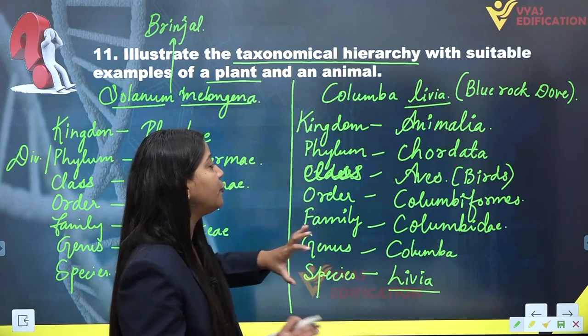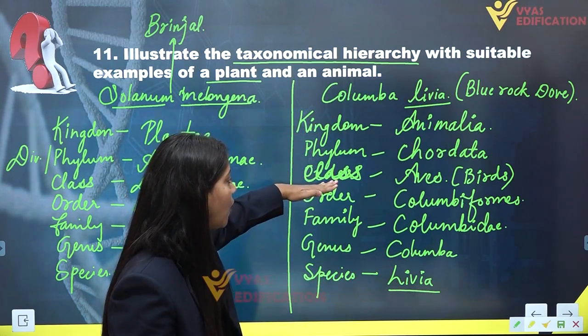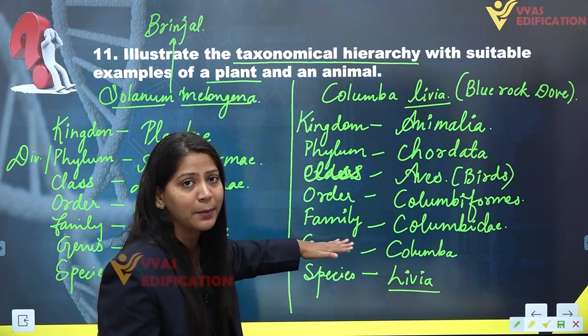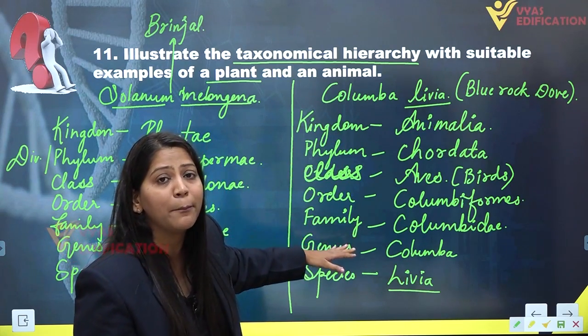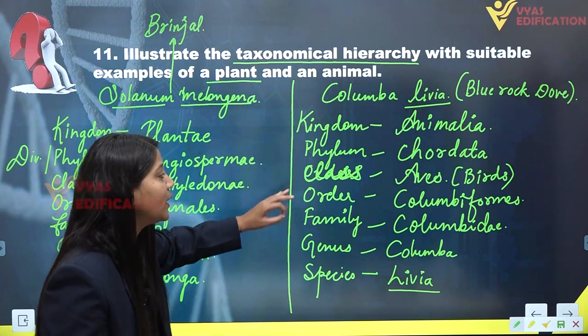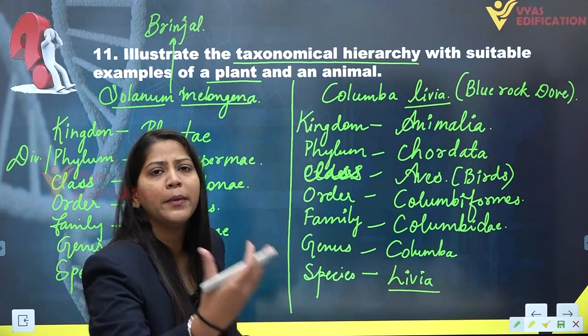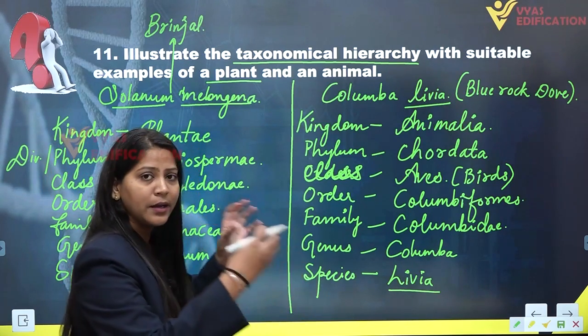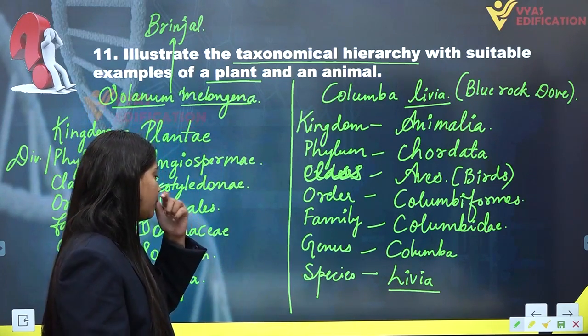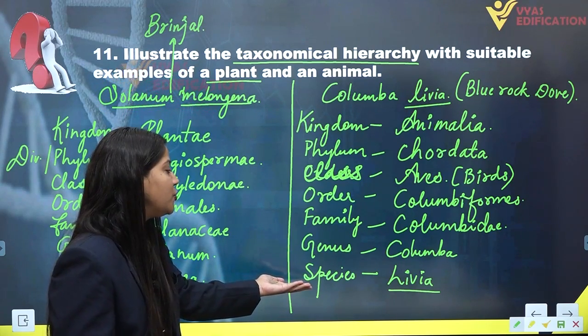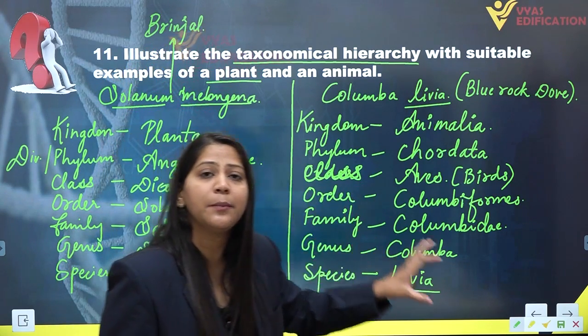So what we have to learn is the kingdom, phylum, class, order and family. Up to the family we have to remember the taxonomical hierarchy of some common organisms in plants and animals, and the genus and species we'll get from the scientific name itself.